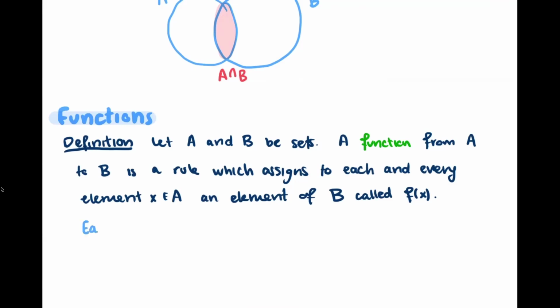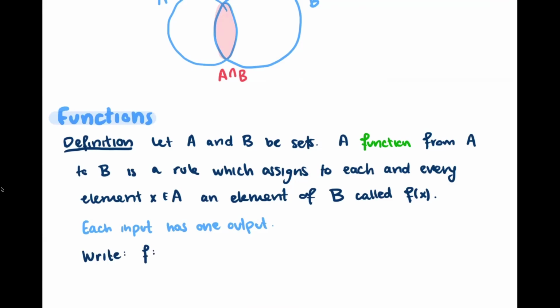So each input has one output. And sort of a shorthand way to write that f is a function from A to B is to write it like this.